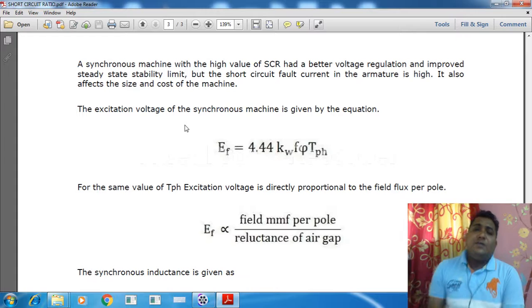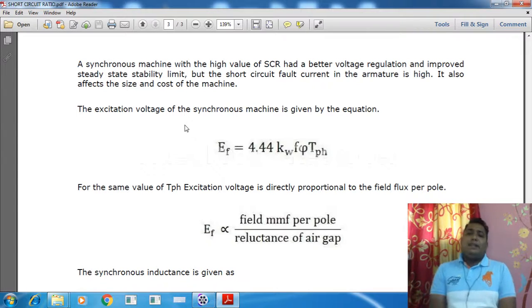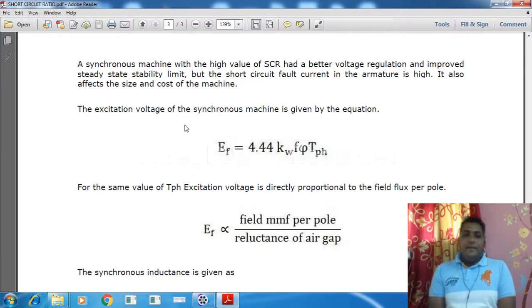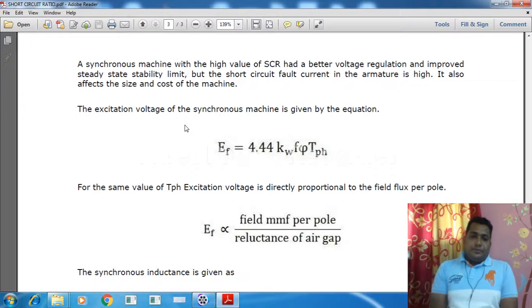The excitation voltage of the synchronous machine is given by the equation. That is simply the EMF equation: 4.44 k_w phi f T_ph, where T_ph is the turns per phase. For the same value of turns per phase, the excitation voltage is directly proportional to the field flux per pole.